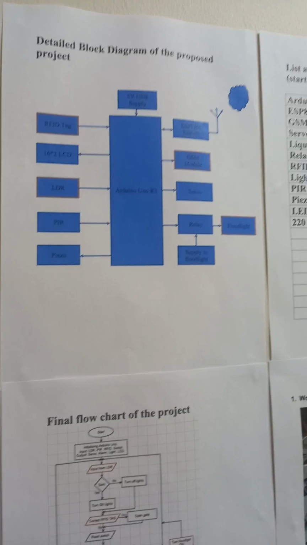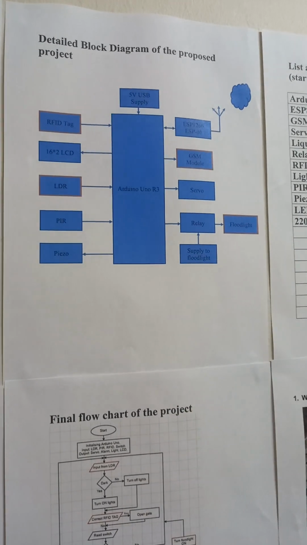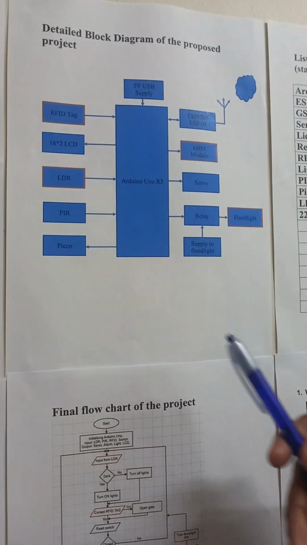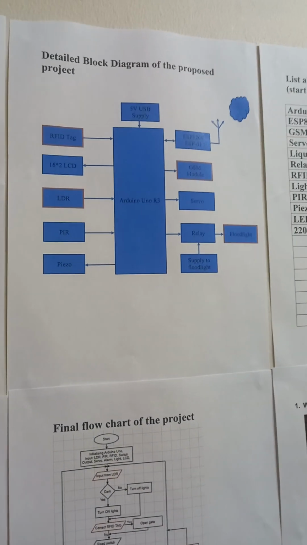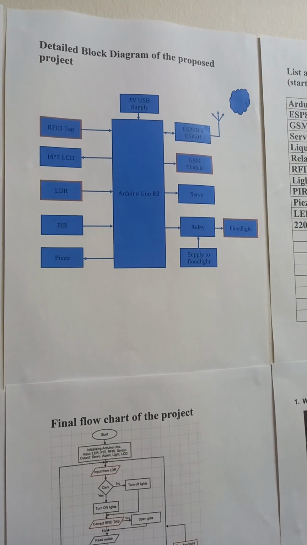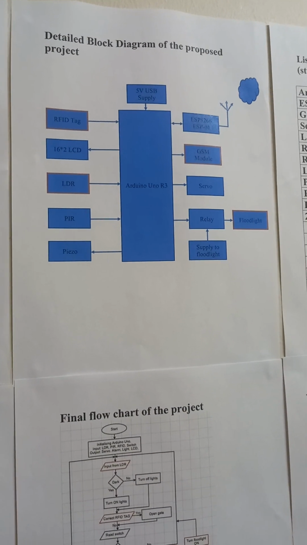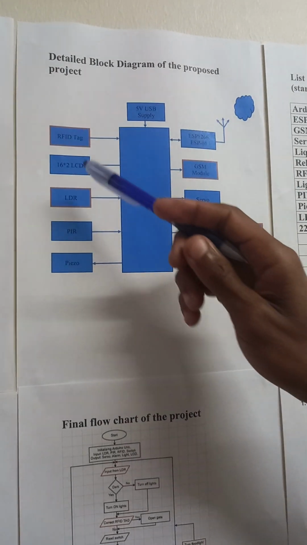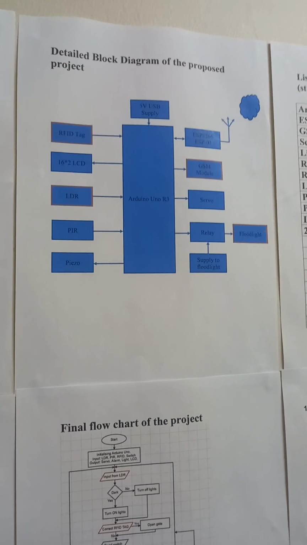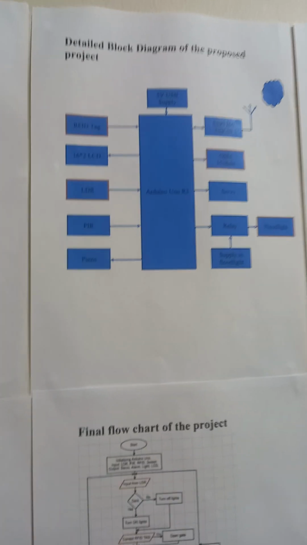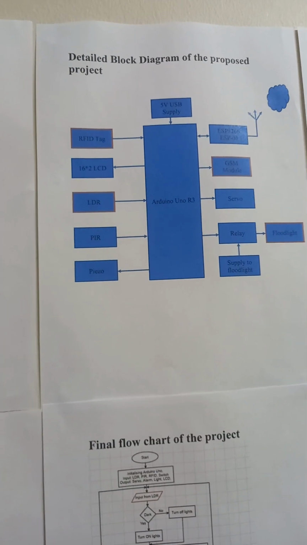Okay, on the other hand, I have a switching relay. It will get a signal from our Arduino Uno, and then it will switch on the floodlight in the presence of an intruder. This side we have the LCD, which must display all activities that are occurring.